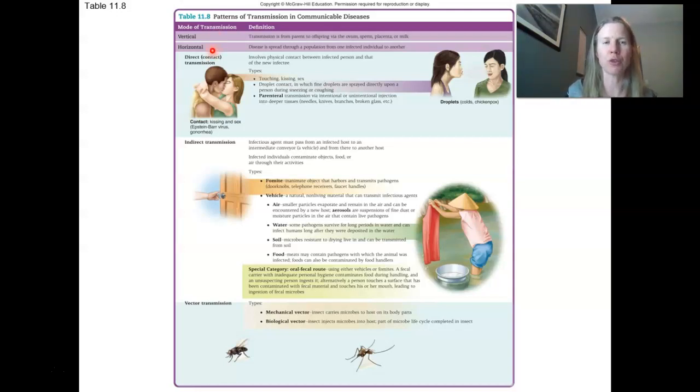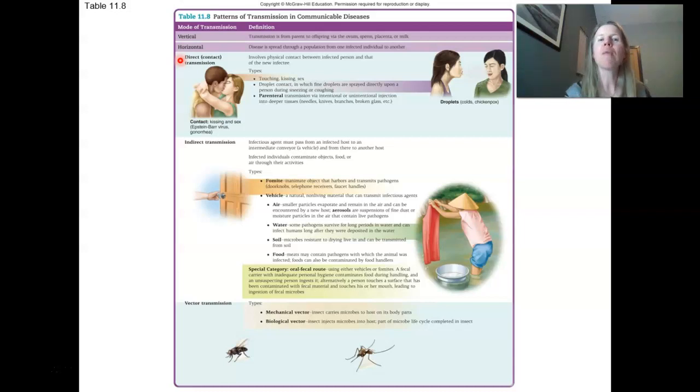Okay, horizontal transmission is where we're going to spend most of our time here. Again, just a ton of terminology. Check out these bold print words; that's primarily what you're looking for. In horizontal transmission, it's basically direct, indirect, or vector-borne. Direct transmission requires actual physical contact, like shaking hands, having sex.